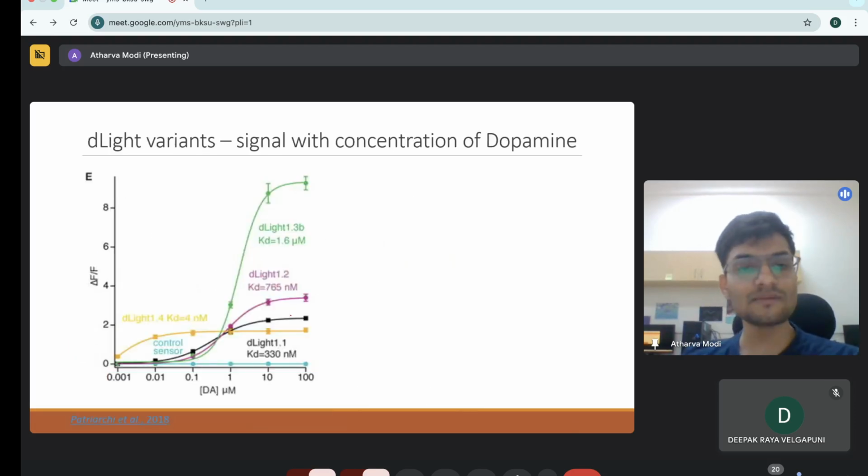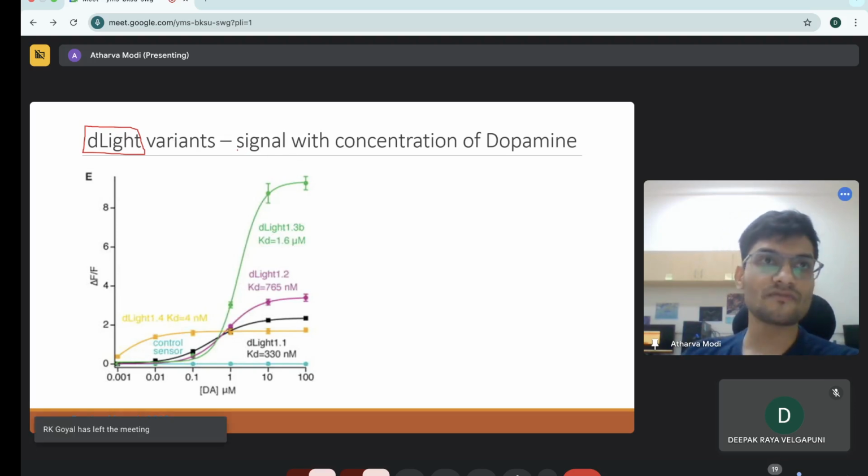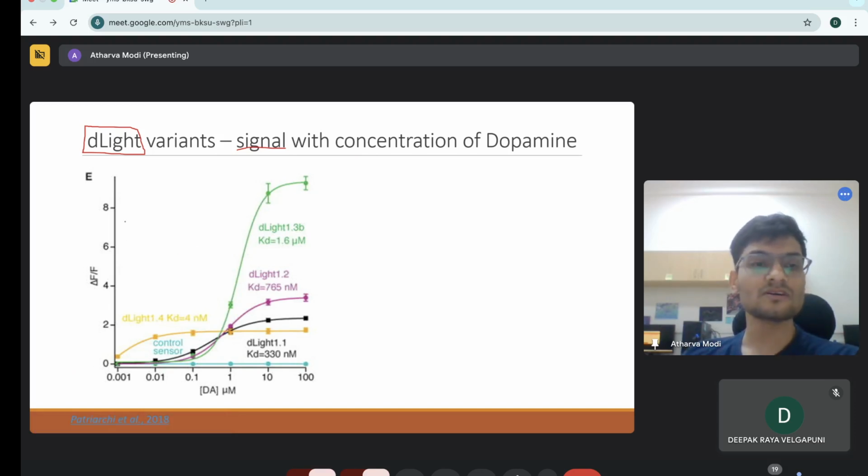And for example, this is another type of biosensor for dopamine, dLight. This is the plot for fluorescent signal with concentration of dopamine. Here the plot is delta F by F, basically the proportional change in fluorescence, with concentration of dopamine.